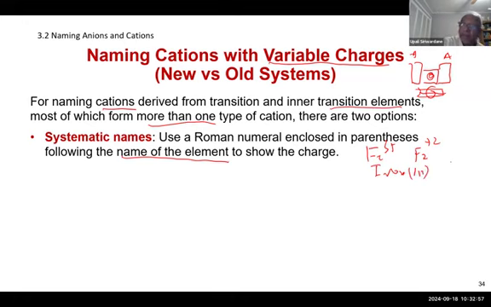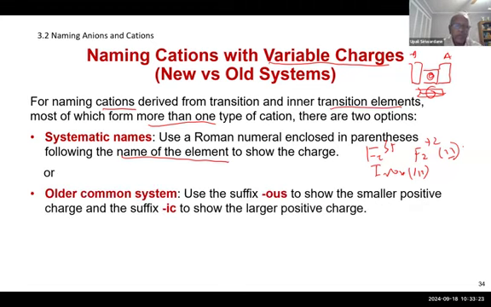3 for that, and just Roman numeral 2 for that, to show the charge on the transition metal, or the element that can form more than 2 cations. Sometimes we use the common system.